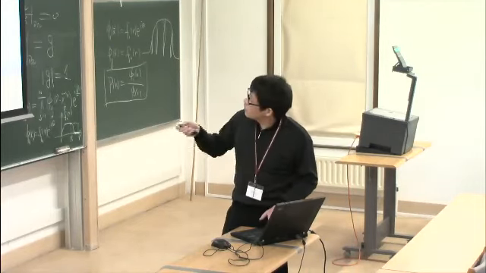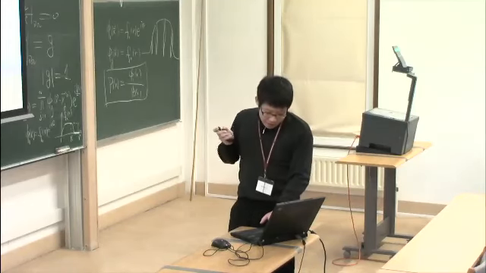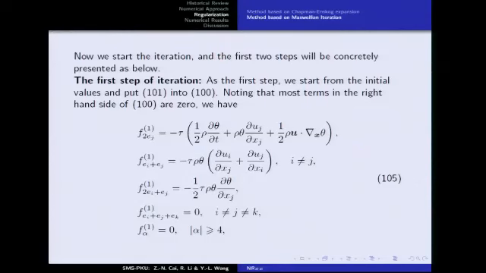So using this relation, we can carry out a so-called order of magnitude analysis for all the coefficients. The first step of the iteration gives us these terms, which come from the standard Euler equations.